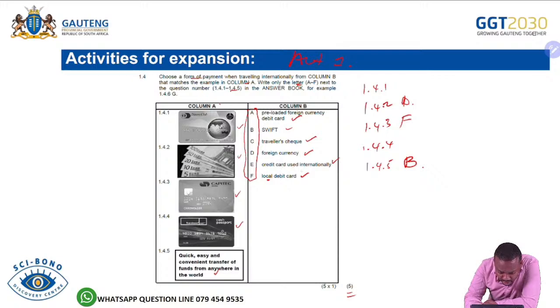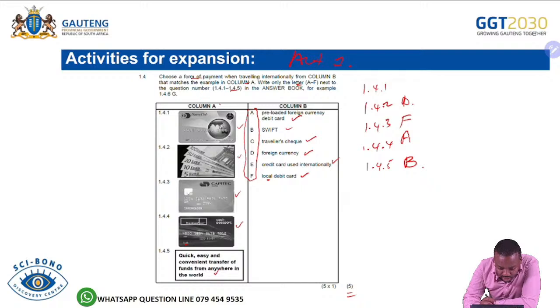Let's double check. Yes. Can you see here? It is even in EUR. So this is the evidence that shows it is a preloaded foreign currency card. 1.4.4, then I will have A.